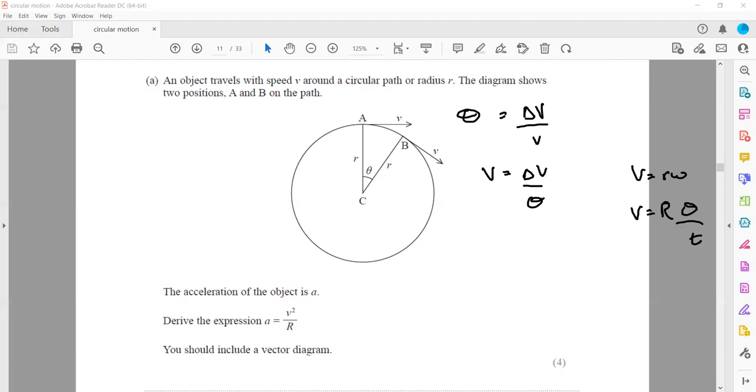So theta is equal to delta V over V, or theta is also equal to omega into T, as omega is equal to theta divided by T. So if we compare the two values, on one side we have delta V over V, and on the other side we have omega into T.